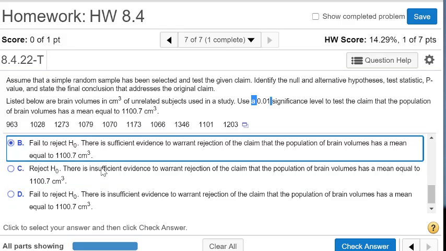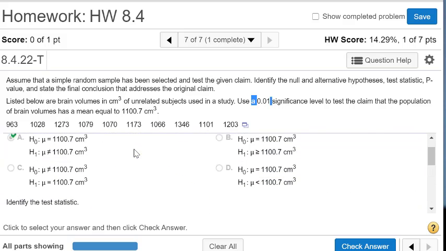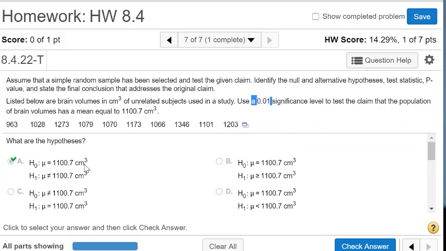So we fail to reject the claim, and the claim was our null hypothesis, because remember the claim says that the population has brain volumes that's equal to. So the claim says it's equal to, and when we're testing we're trying to reject the null hypothesis, which in this case happens to be the claim.